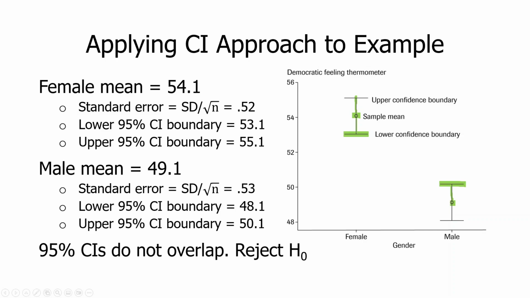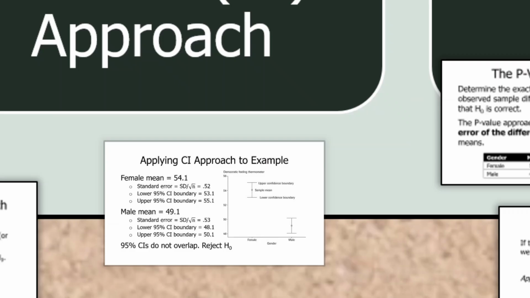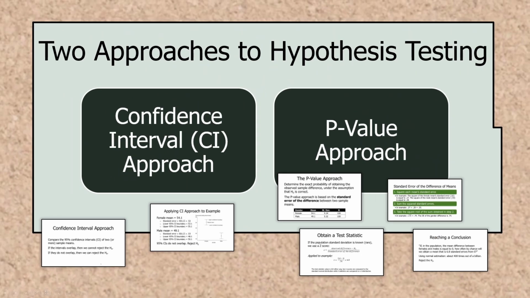We just looked at the confidence interval approach to testing for the difference between two sample means, and like all CI approaches, it's durable. It won't lead you in the wrong direction, but it does lack precision. A more precise way to test for differences between two sample means is the probability value, or p-value approach.